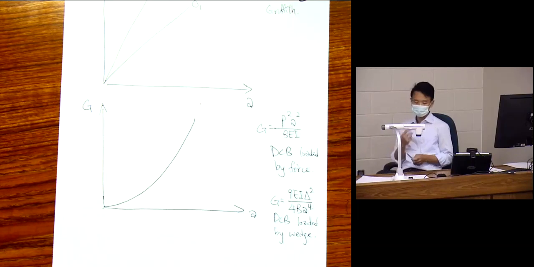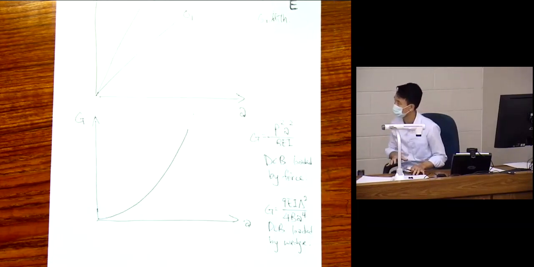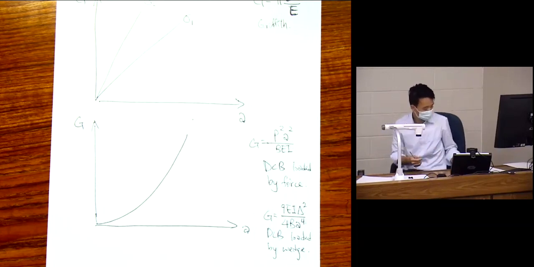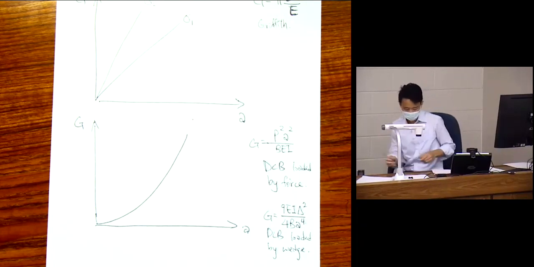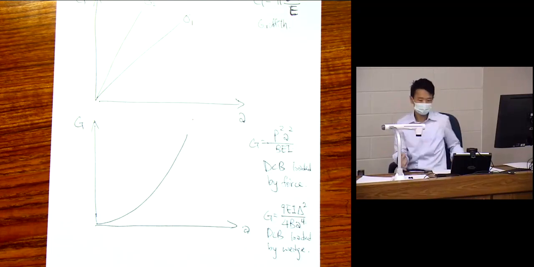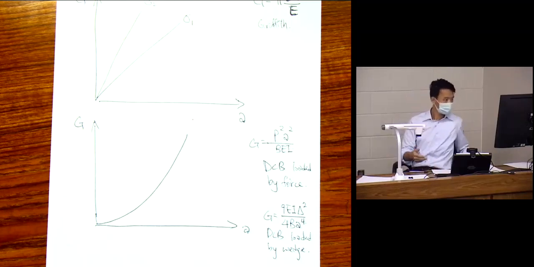Now you can see that the G is going to be reducing. So this is just to show you there are many variations of the GA curve just by changing the configurations, right? It's not the material. It has nothing to do with the material. The material is all the same here. So that is the loading curve.